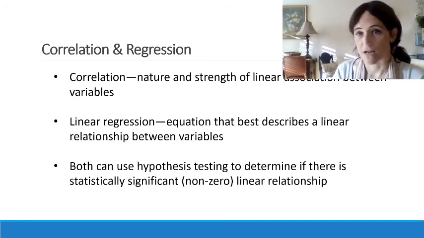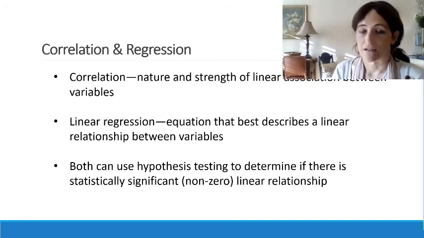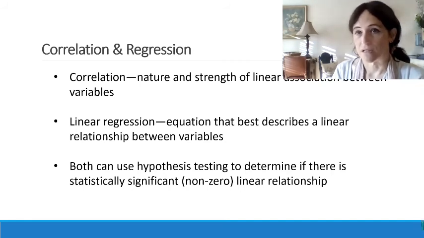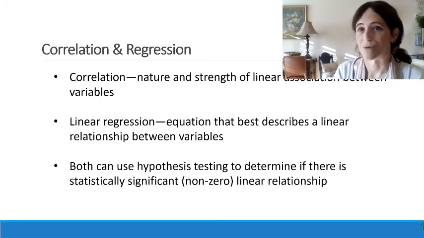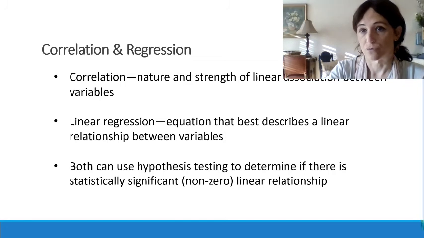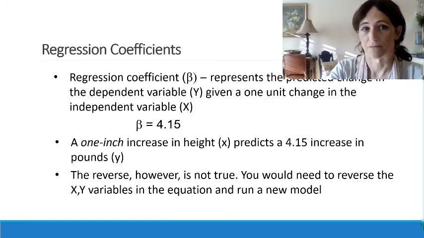Both can be used for hypothesis testing to determine if there's a statistically significant or non-zero linear relationship. And a simple linear regression is no more powerful than a correlation in terms of statistical tests. It's when we get to multiple linear regression that we start to get into a more powerful tool in terms of our ability to predict.